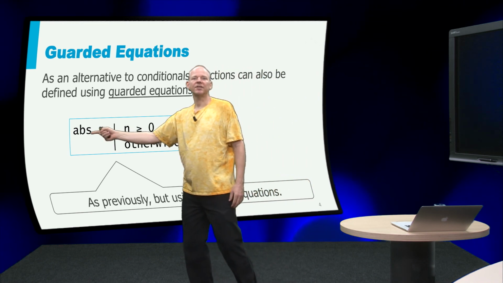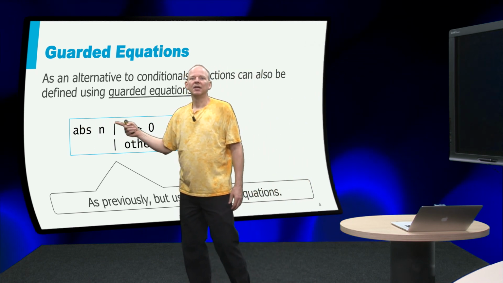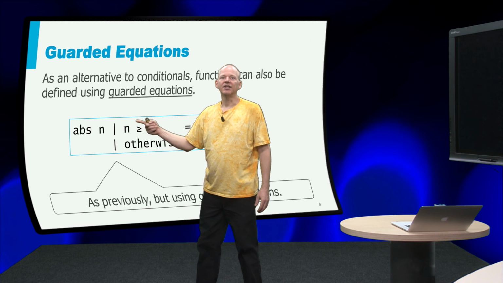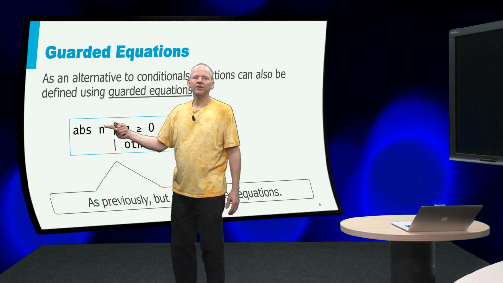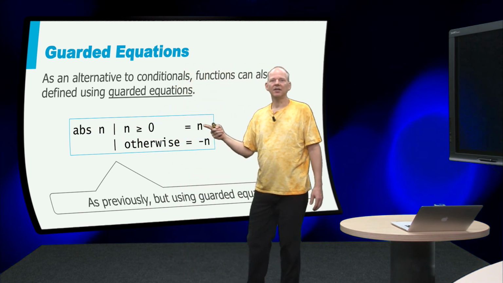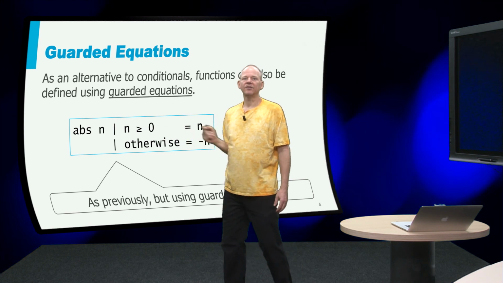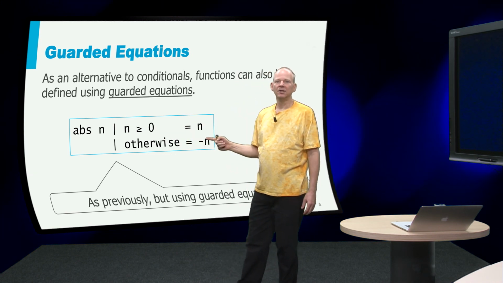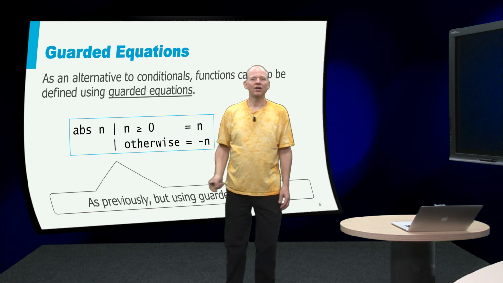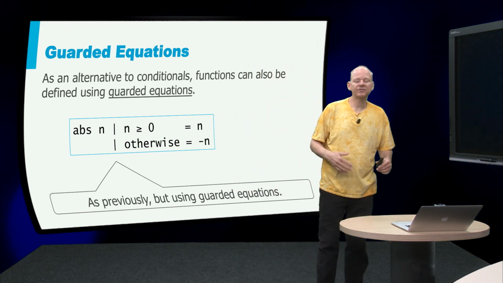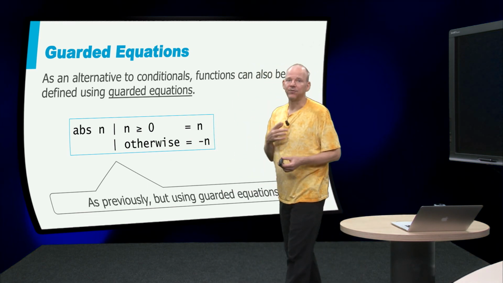You write your function definition on your left-hand side, and then you write your conditions here. So the absolute value of n is n when n is greater than or equal to 0, or it's minus n otherwise. And otherwise is just another alias for True.